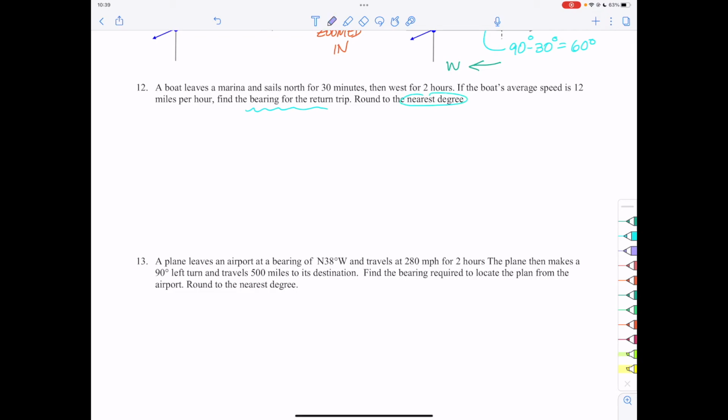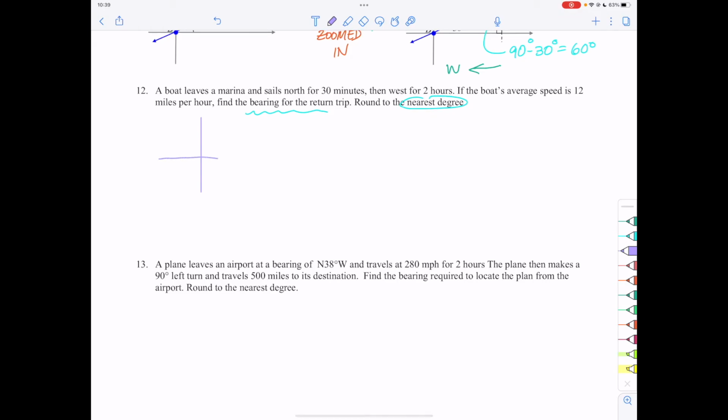So let's just draw a little sketch here, kind of see what we're looking at. Okay, so a boat leaves a marina and it sails north for 30 minutes, and then it sails west for 2 hours.